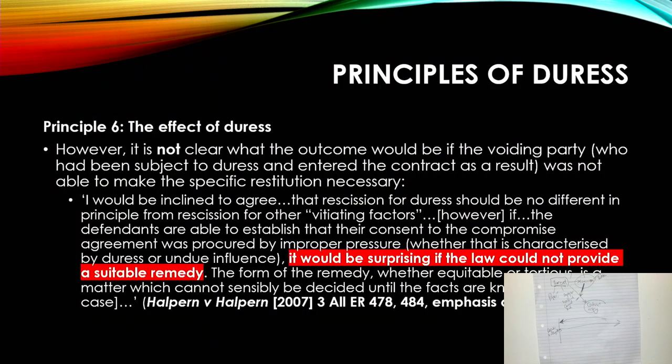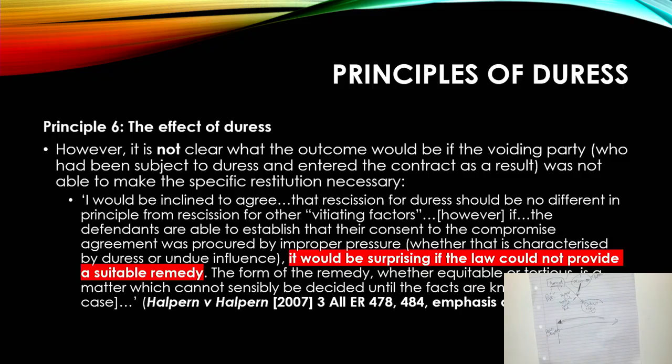Now, there is a residual uncertainty, which I'm fine for you to leave as a residual uncertainty in the law. Okay? Teaching you that uncertainty is fine. It's normal, part of the law. Could be resolved in future cases, we don't know. But the residual uncertainty is what happens if the victim can't do this?